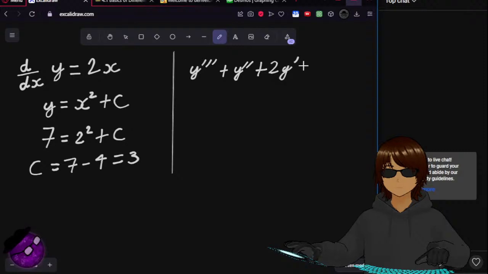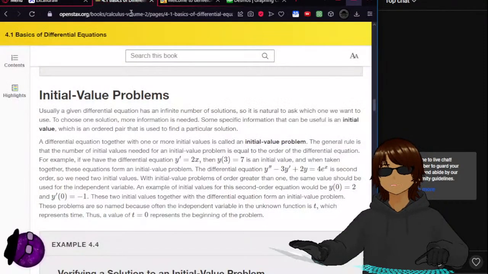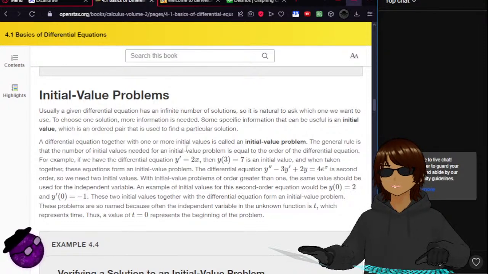If we have something like this, there's a plus c for the first derivative, and then another plus constant for this derivative, and another plus constant for this derivative. So we need like 3 values, 3 points for each of them, I think.